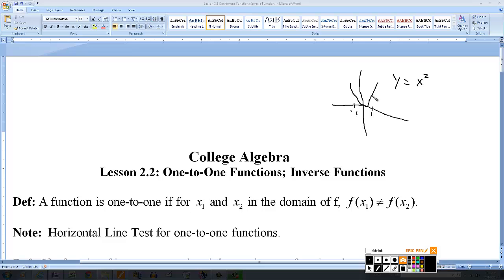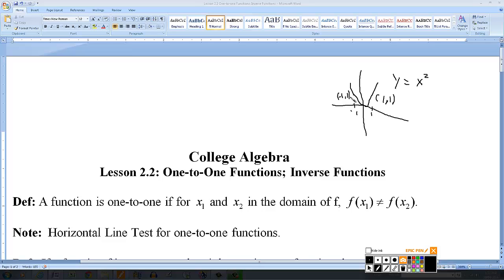Then if I go 1 unit here, up here, this would be the point (1, 1). If I go on the negative side, -1 squared is 1, so this point opposite that other point is (-1, 1).